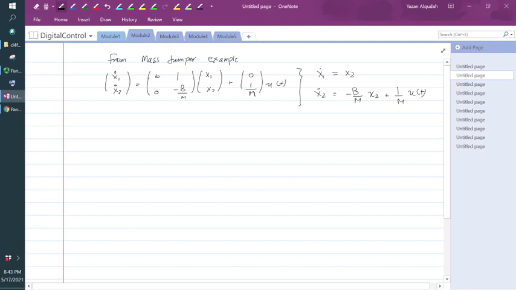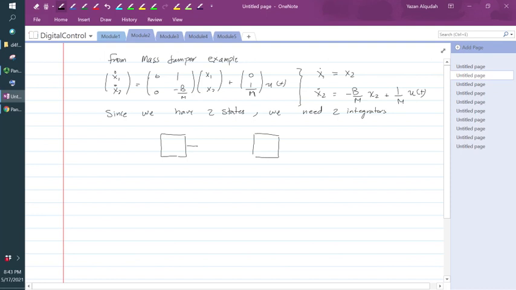So since we have 2 states, we're going to need 2 integrators. Therefore, I'm going to have a first integrator and a second integrator.